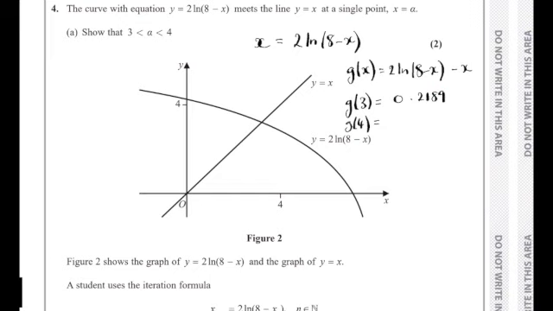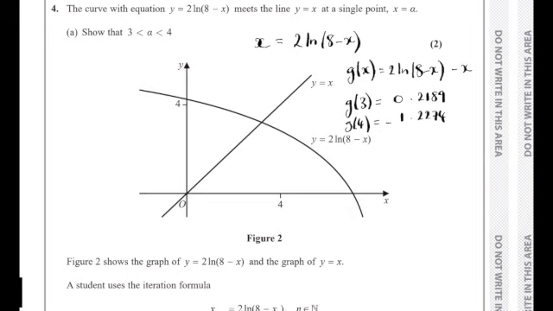That'll do. And if I try the same thing for g of 4, I get 2 ln 4 minus 4, a negative value, minus 1.2274.